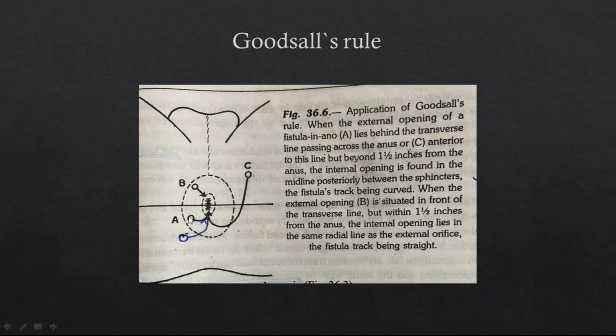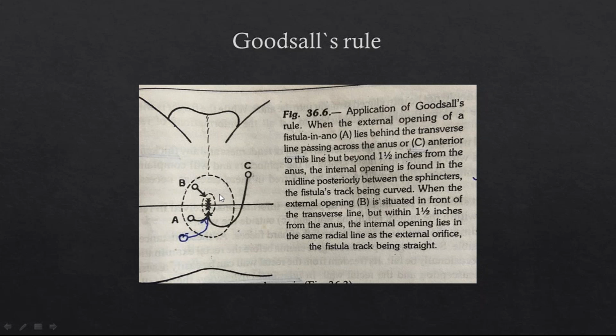Anything posterior to this line, if the external opening is there, see this dotted line, the round dotted line. From the anal verge to this big dotted line, there is an outer big dotted line and an inner dotted line. The inner dotted line is the anal verge, and the outer dotted line is 1.5 inches from the anal verge.